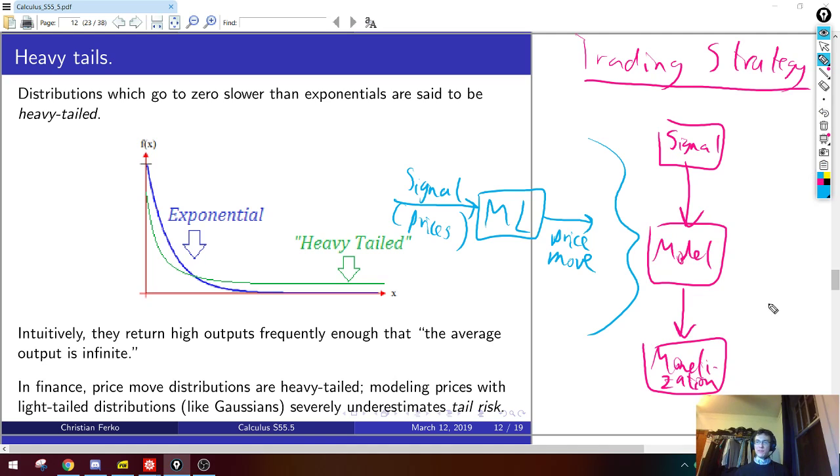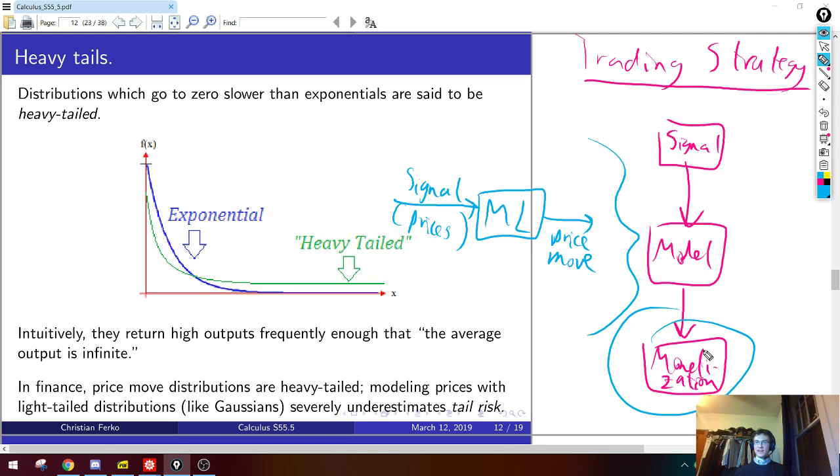You can make more money either by having a better model, which is to say a better machine learning algorithm, so that when you feed in current prices, it spits out a better prediction of what the price is going to be, 10 milliseconds from now or something. That's one way to do it. A second way is to say, I don't care how good the predictions are, maybe they're all right, but I'm going to have a smarter monetization strategy.